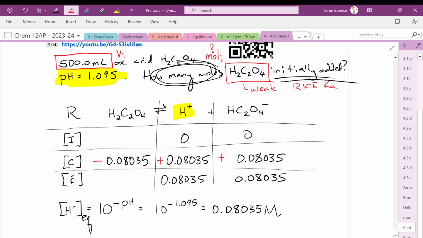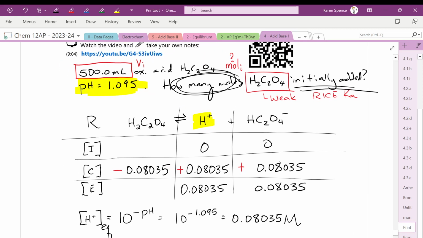And if you want to know moles and you have volume, what do you need? Tell your partner. I'm starting with liters.